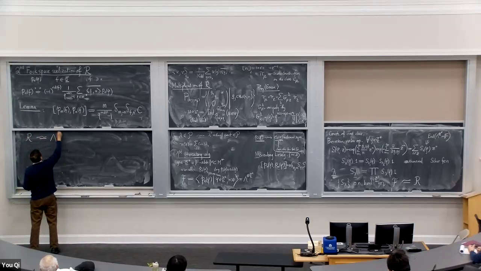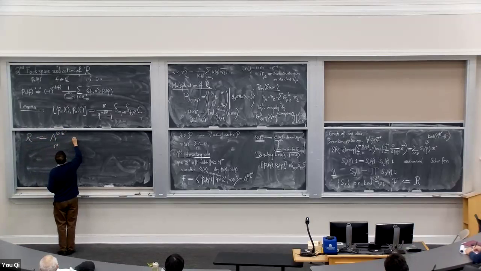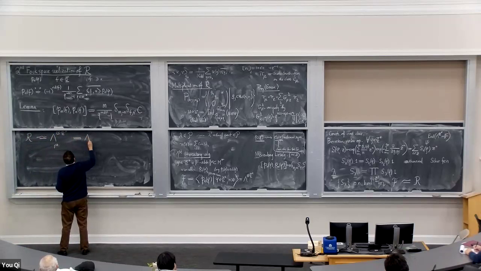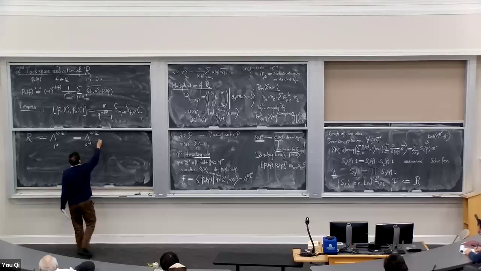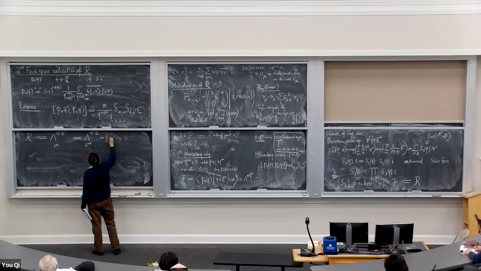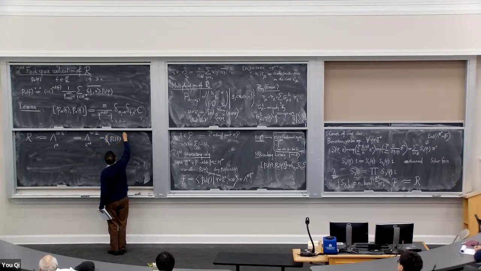So first, we have this. This is the first one. Now we're going to have this second one. Now this is generated by this. How do you define the kernel?